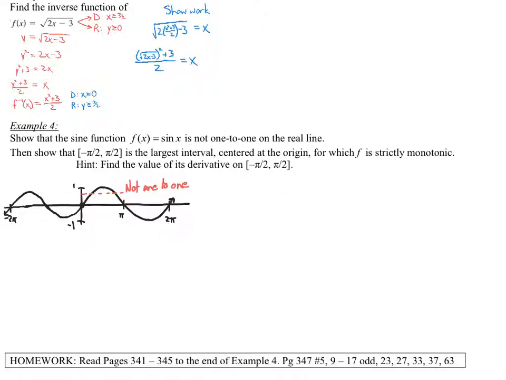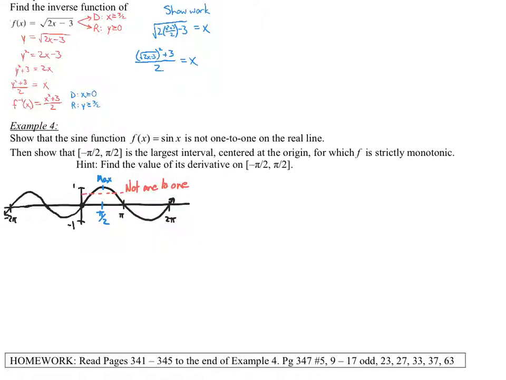Now, the second part says, show that -pi/2 to pi/2 is the largest interval centered at the origin for which f is strictly monotonic. So if I go to the right, I go to the max, and that exists at pi/2. Once I hit the max, it's going to start coming down, and now I've failed the horizontal line test.